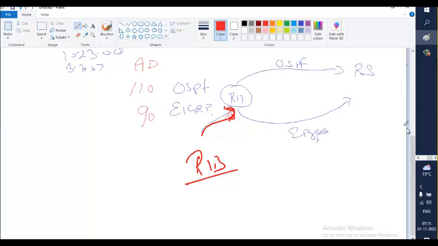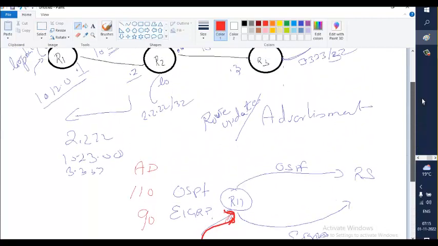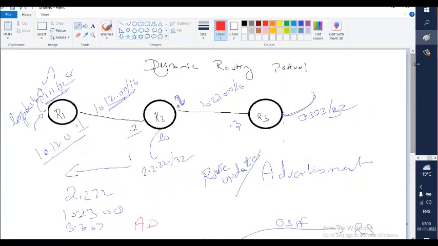Now, we got networks. Router 1 will not know about 3333 nor 2222 nor 10.23 because they are not connected directly.